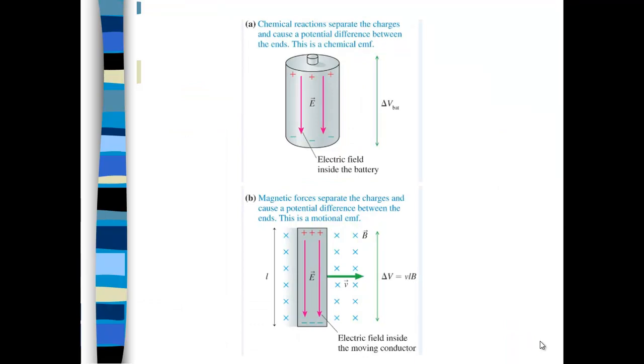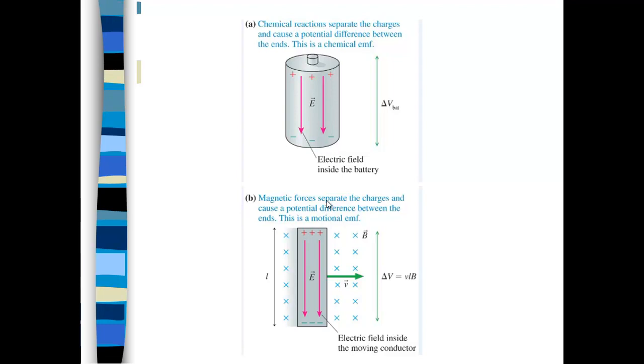So chemical reactions in batteries cause chemical EMF. This is the potential difference of the electric field going from positive to negative in a battery, and that's delta V battery. Magnetic forces separate the charges and cause a potential difference between the ends, and this is called motional electromotive force.